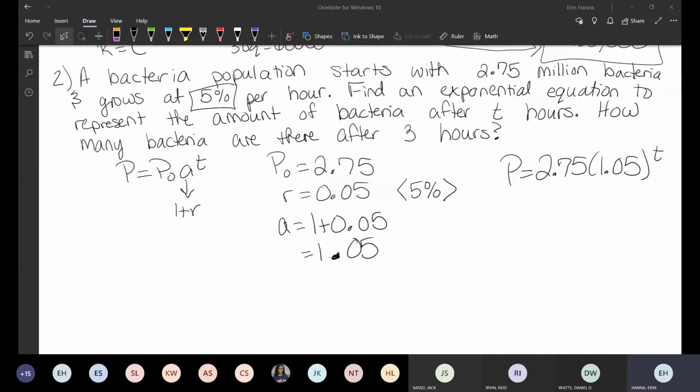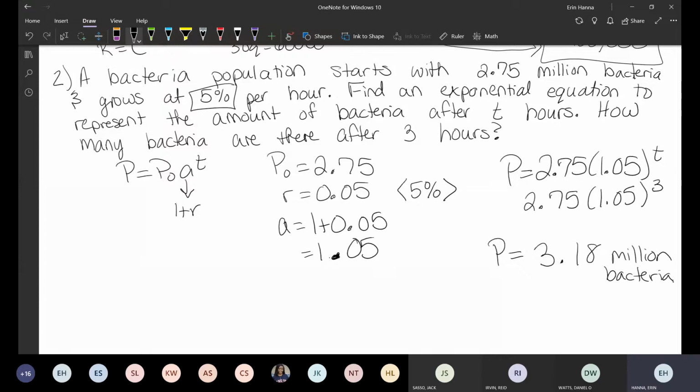So we would take this equation and plug in 3. I'm going off of memory here. 3.18. Yes, million bacteria. That was seriously from memory from yesterday.